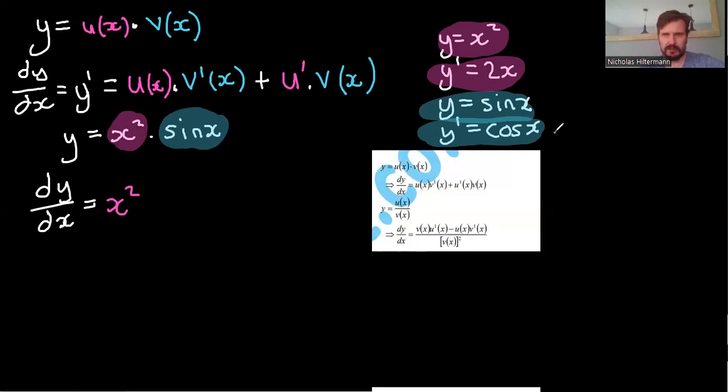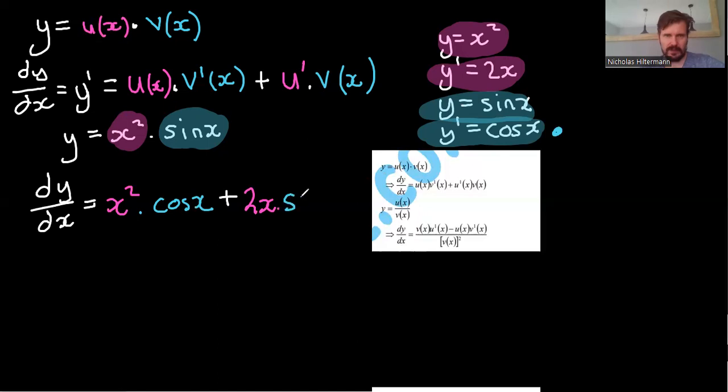So the derivative of the blue thing is cos x. Plus the derivative of the first thing, which is our 2x. And then the second thing, the v(x), remains unchanged. So it's just v(x), right, which is sine x.